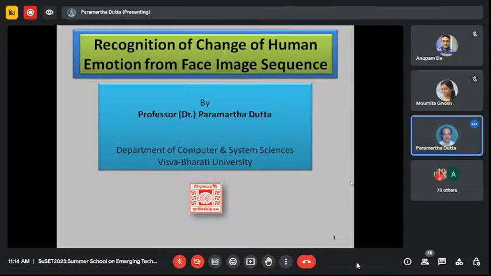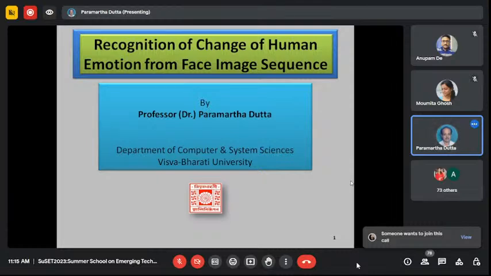These sequences of images are taken as input, and our challenge is to identify that there is a transition or change in the emotion of the person under consideration, say from neutral to anger.